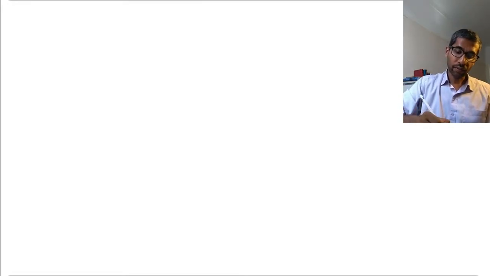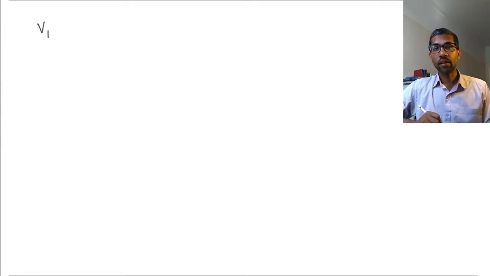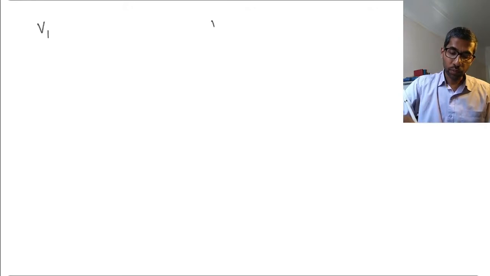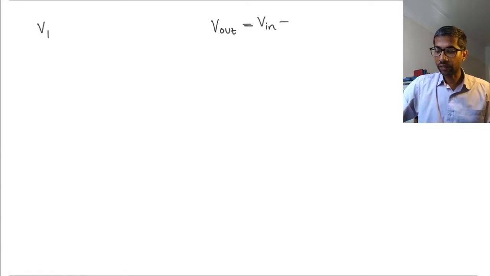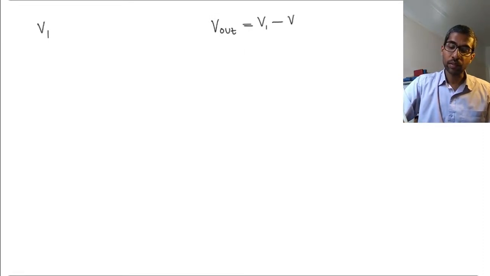Okay, let's say you have an analog signal V1, and what you want is a V out which is equal to V1 minus, let's say, V2.